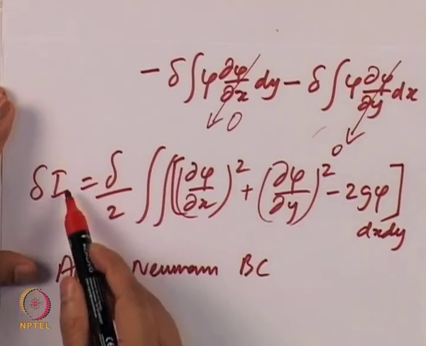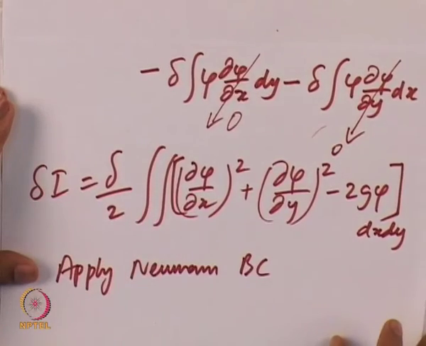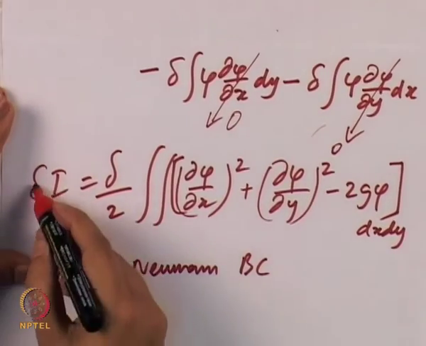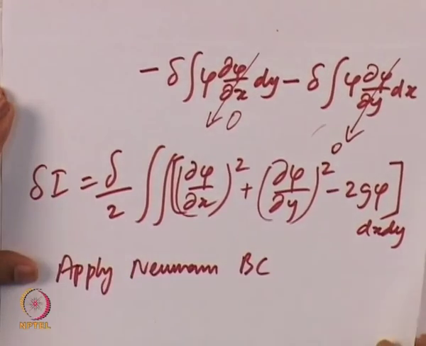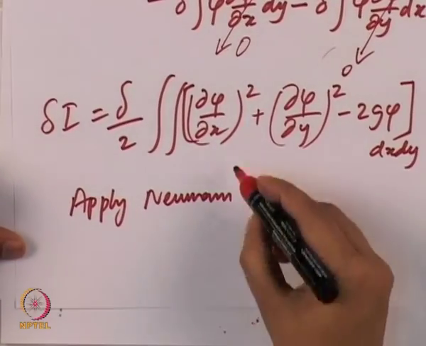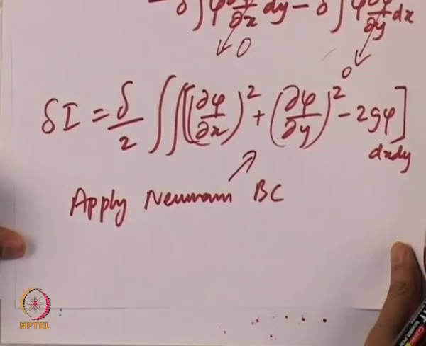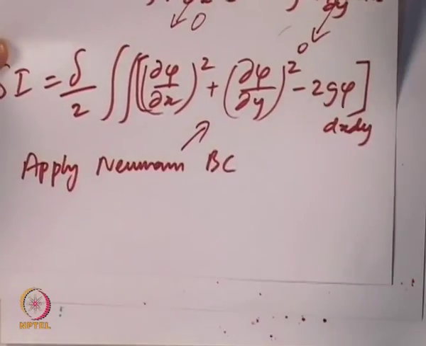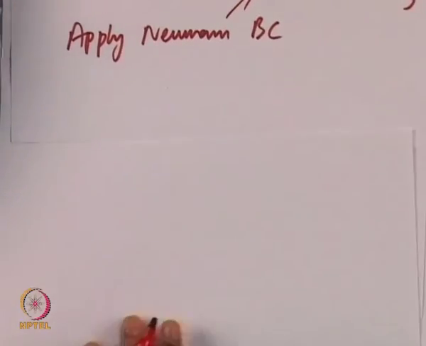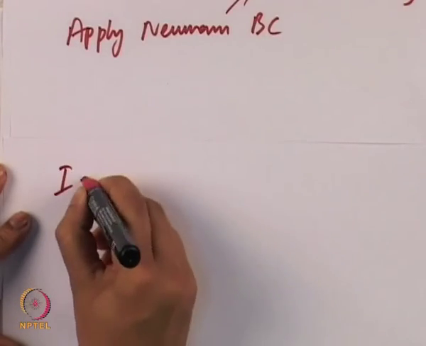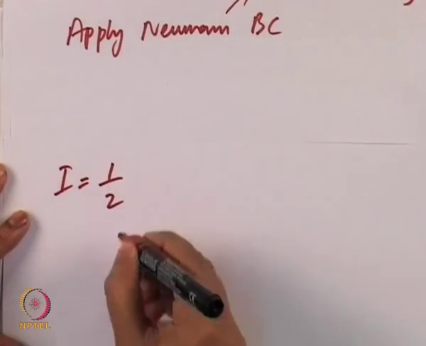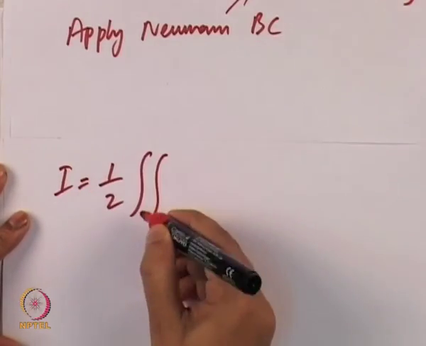So I have taken the del out, so basically I have a functional, so this del and del get cancelled, so what I have is an I, which will be the value of the I. So this is because of this. When I look at the symmetry of the left hand side and right hand side, what I will have is I is equal to half integral.